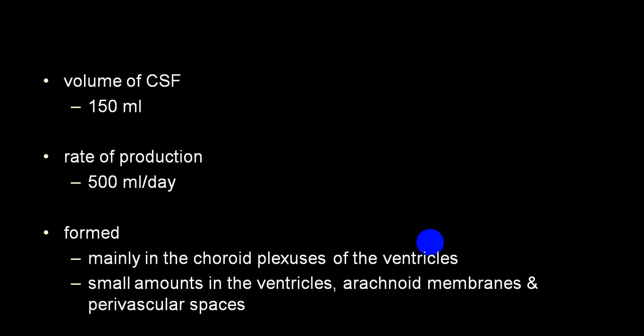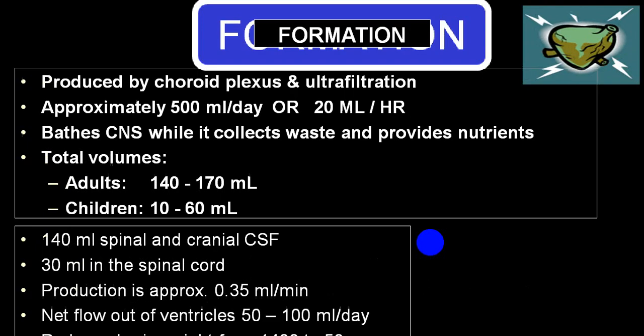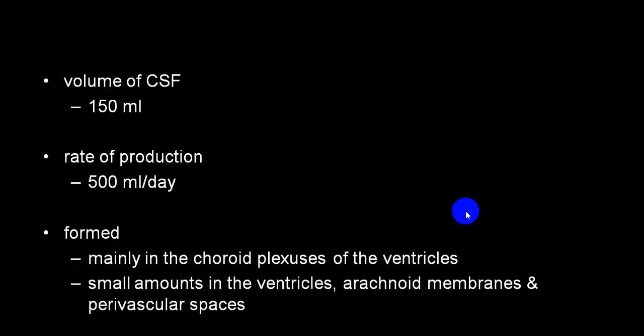500 ml per day is the production, or we roughly say 20 ml per hour, and it is mainly formed by the choroid plexus in the ventricle. A very small amount is formed in the ventricle, arachnoid membranes and perivascular space.